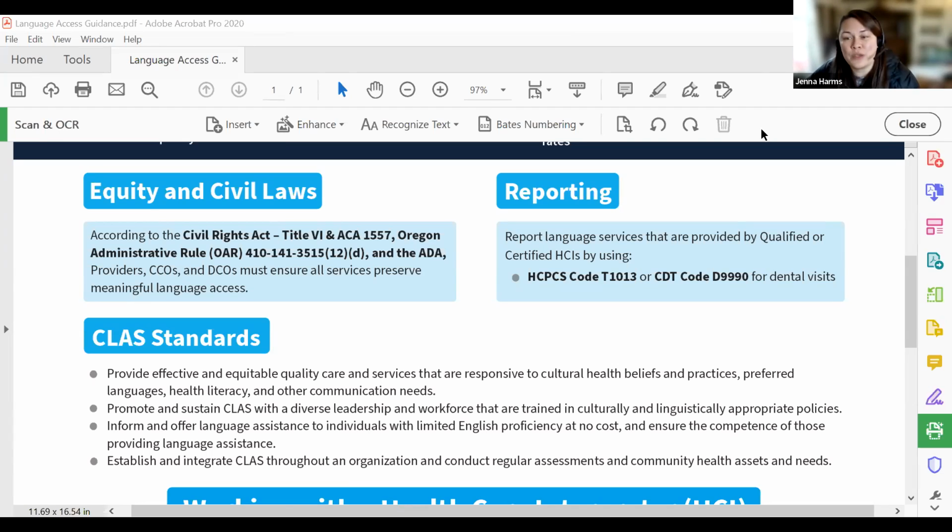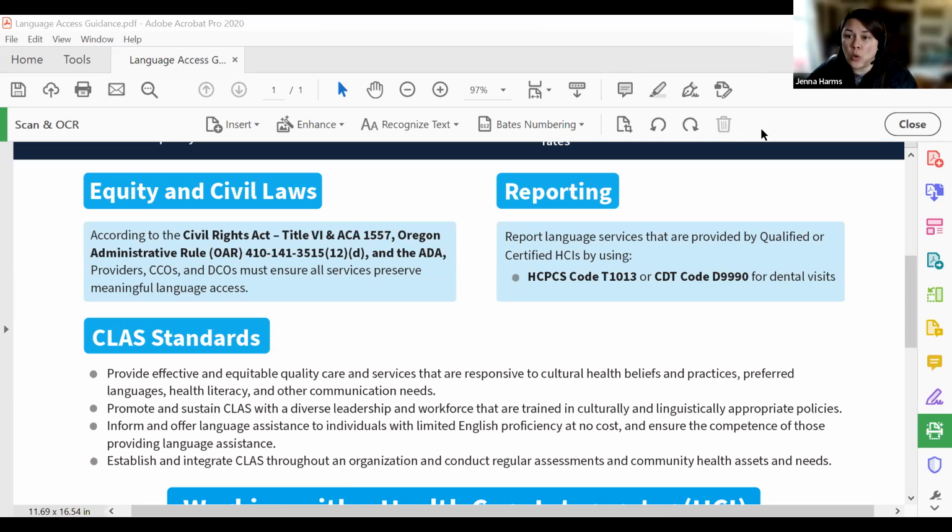And the code would not be used if a family member is supporting and interpreting, nor if this question came up in another discussion: if I am a healthcare provider and I speak a language as a primary language, or I'm competent in a language other than English, and I'm able to provide that service, do I drop this code?